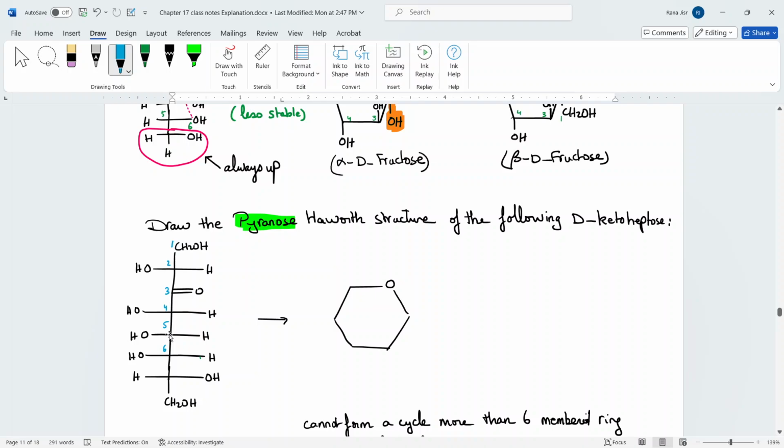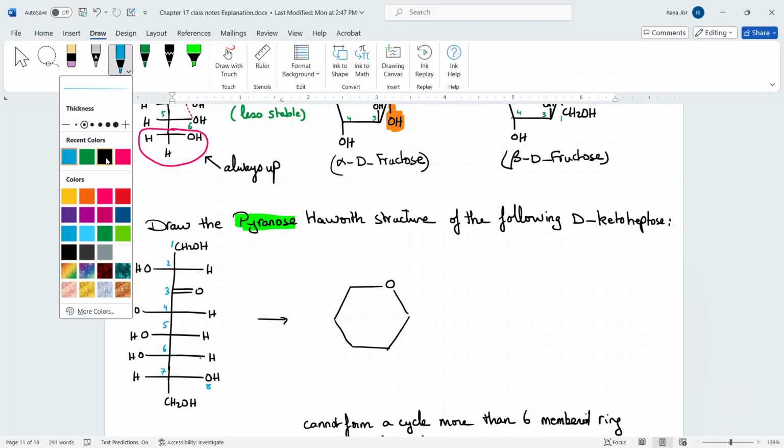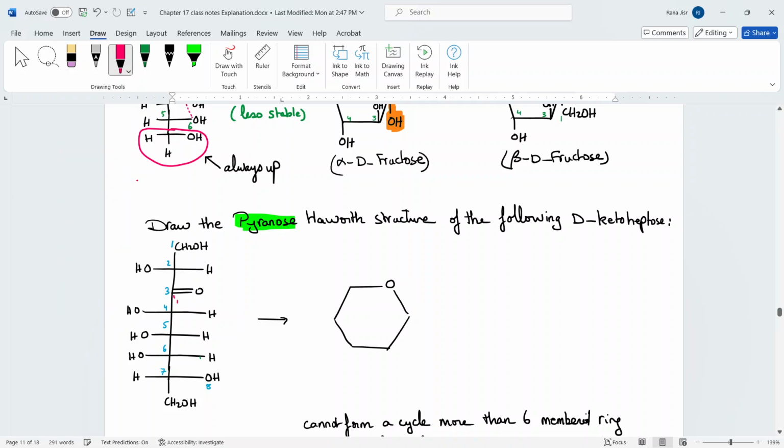So let's go ahead and count. 1, 2, 3, 4. I need this 5 and I need this 6. So I need all of those, so that is going to be 7 and that is going to be 8 in this case. What I am doing over here is simply making a bond between carbon 3 and oxygen 8. These numbers make it easier for me to put the cycle together.